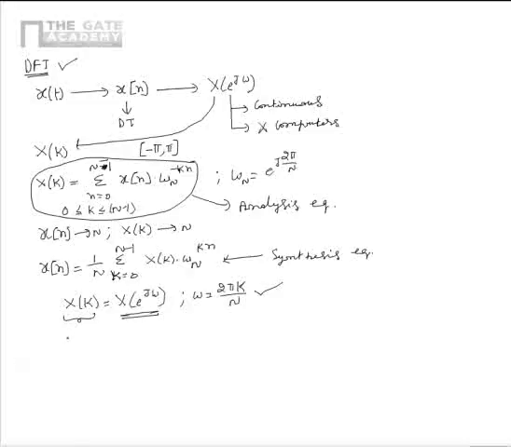Please note that in case of DFT, to get a particular X(k), the number of multiplications required is N, between x(n) and W_N power minus kn. So to get a particular value of X(k), we require N complex multiplications.